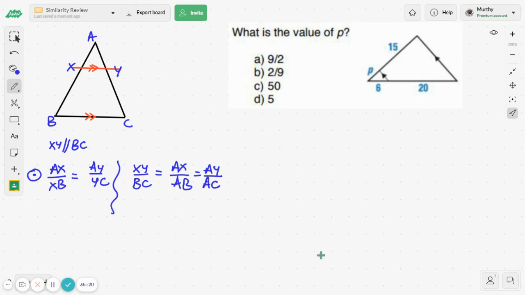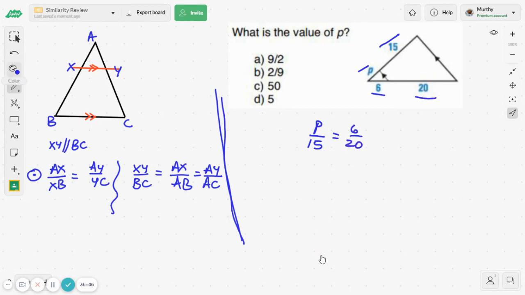Now let's take this particular question. I see that there's nothing to do with these parallel line sides because these values are not given, not asked to compute. Therefore, I can say that P over 15 equals 6 over 20, as simple as that.